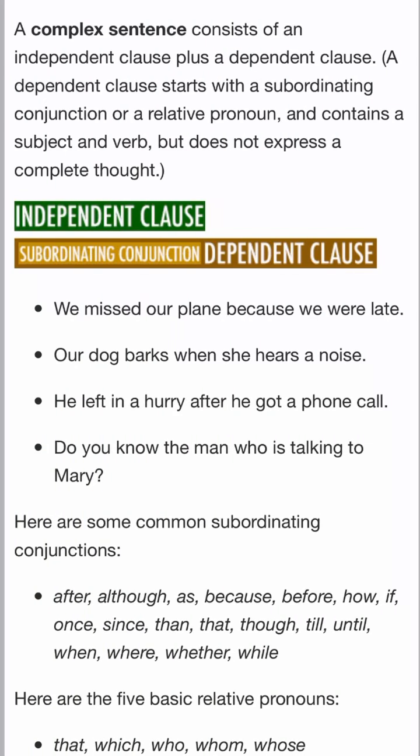Okay, what are complex sentences? A complex sentence contains at least one independent clause and at least one dependent clause. Just see the formula of it: independent clause, subordinating conjunction, and dependent clause. See the examples here.